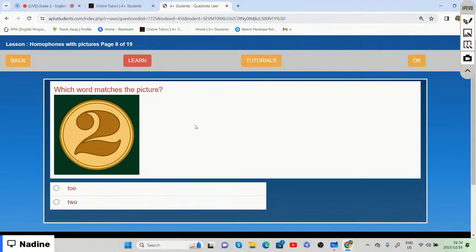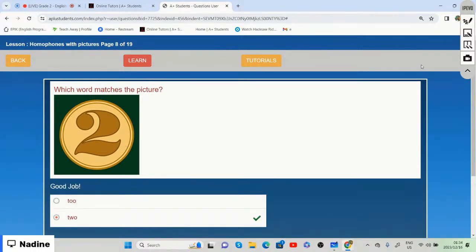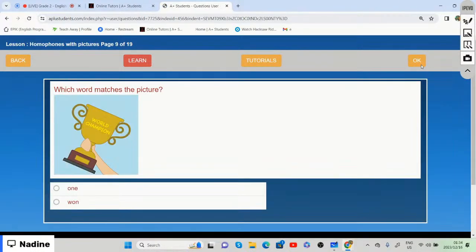So it's the first option 2 or the second option 2. And if we choose the correct word, we will say it is 2, which is the second option. 2. Yes, so well done. 2 is correct.